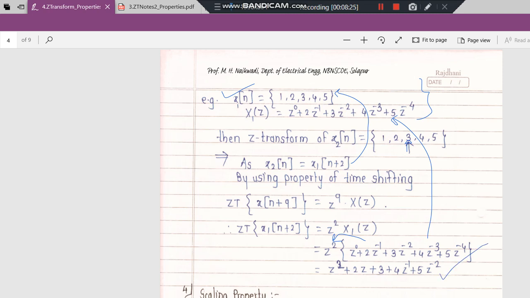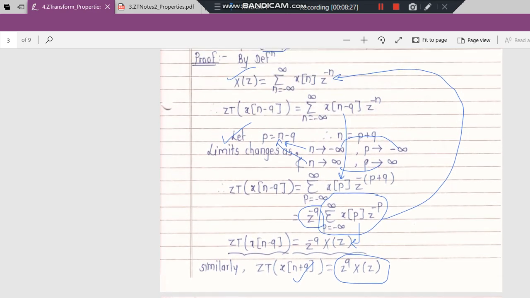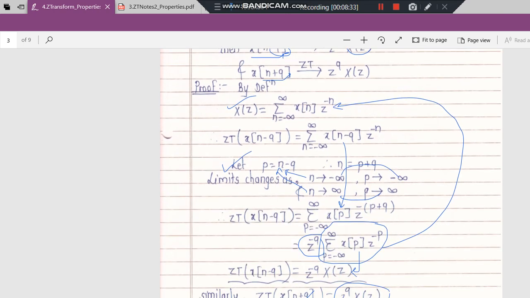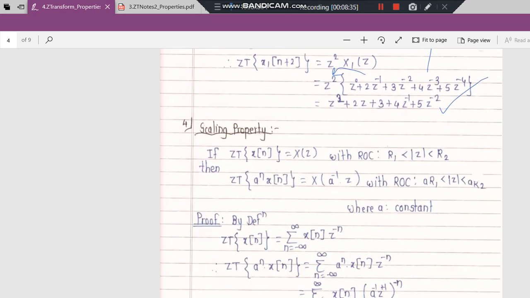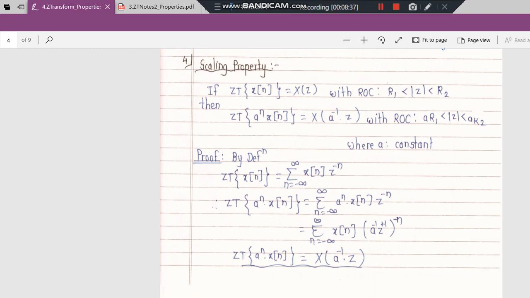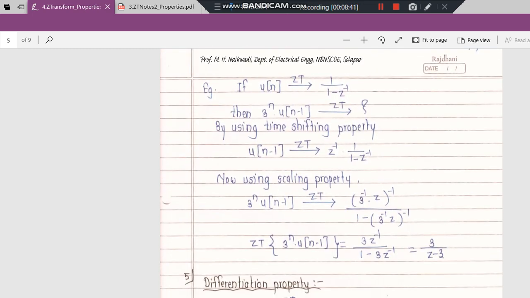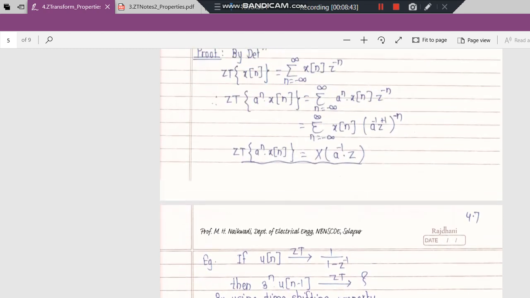So this is how we can find the Z transform of time shifted signals using the time shifting property of Z transform. Whenever you understand any property, try to understand it with the help of a numerical, so that it becomes easy.